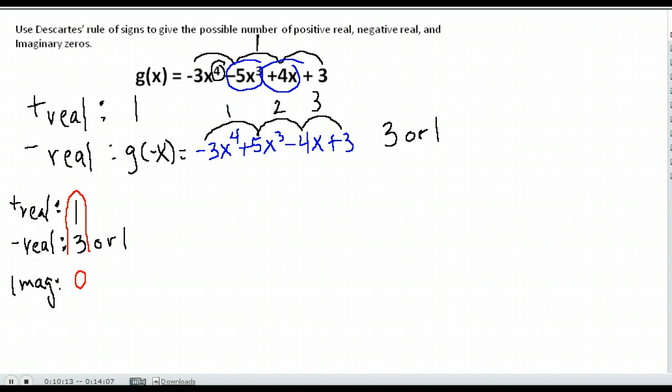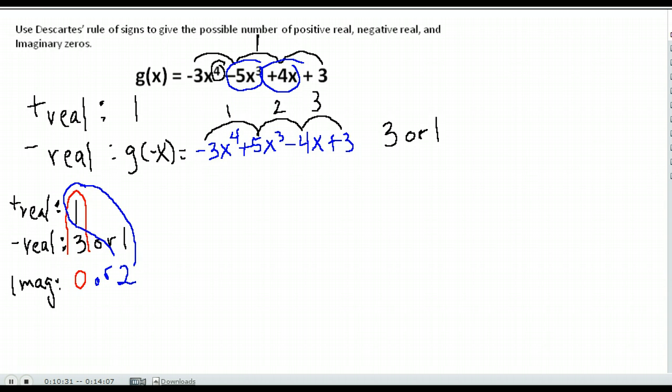But if we go over here and we have the 1 positive and the 1 negative real, how many more would we need to get a total of 4? We would need 2 more. So for our imaginaries, we have 2 or 0.